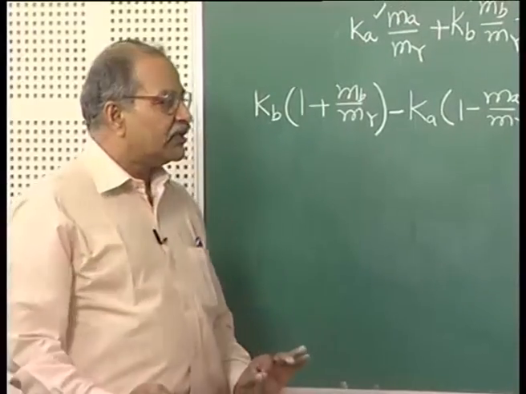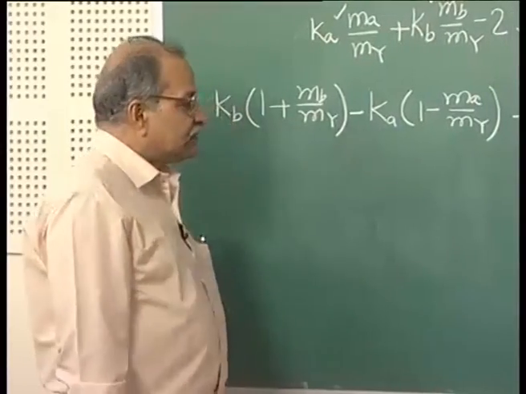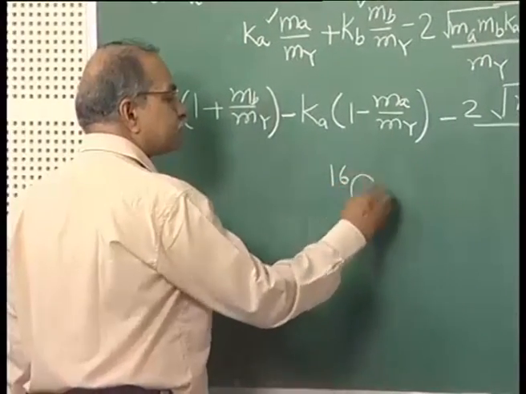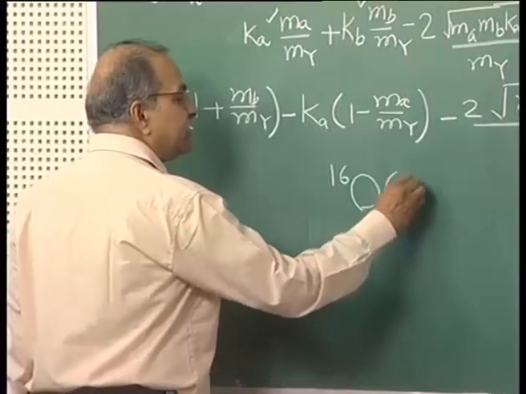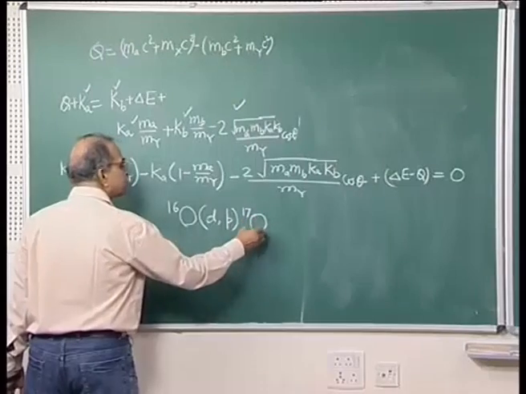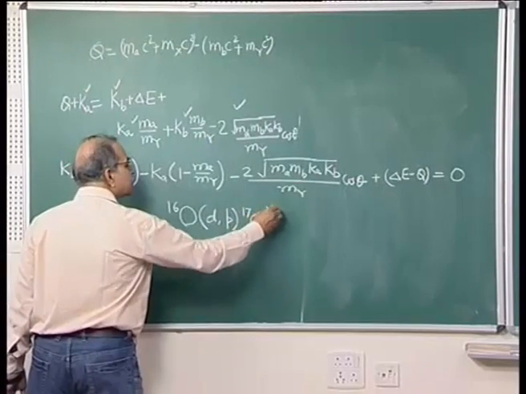So, I will show you a simple calculation for this particular reaction 16O and then d,p going to 17O. Of course, it will go to the excited state, you can put a star here.